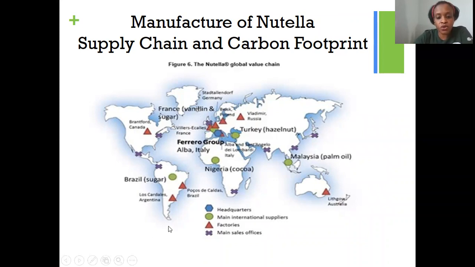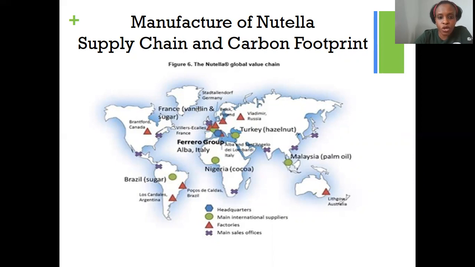Then take note of where the factories are, the manufacturing plants for Nutella. You find one in Canada, one in Russia, a couple in Western Europe, and then one in Australia, some in southern Brazil, but none in Nigeria, none in Malaysia, none in northern Brazil. So this creates a really complex and long supply chain.